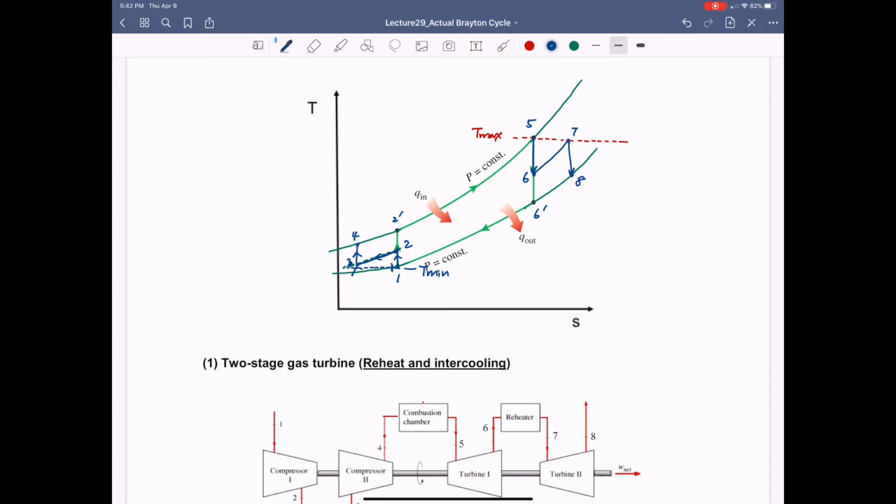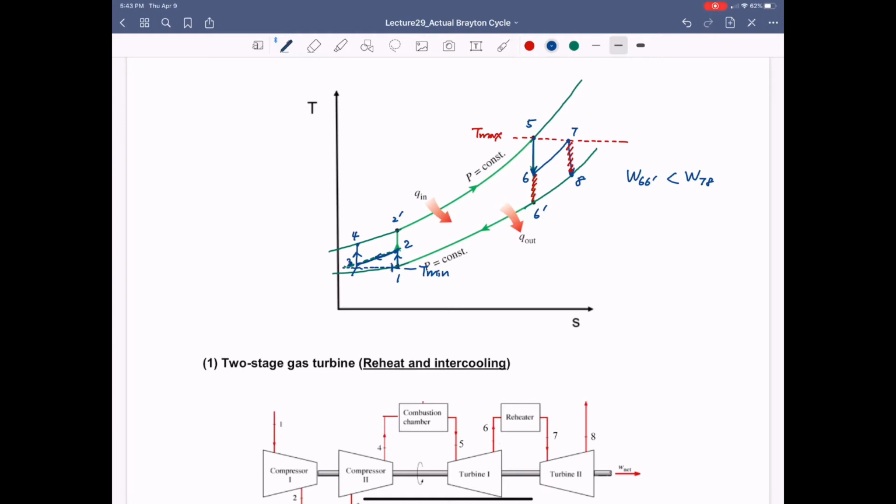So obviously, what happens between these two cases here and here, because the curves are diverging, is that the work of the turbine from 6 to 6 prime is smaller than the work of the turbine between 7 and 8, because we push this vertical line to the higher entropy case.